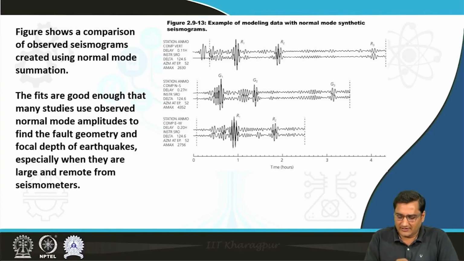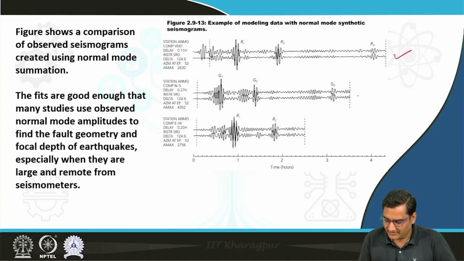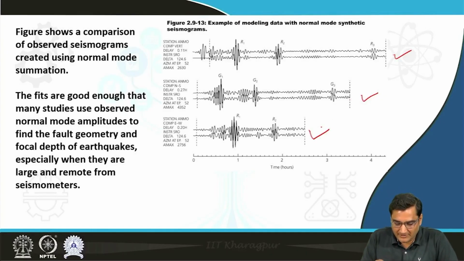Now look at this particular diagram, also taken from Stein and Wysession. It is an example of modeling data with the normal mode summation technique. This is the radial component, this is the north-south component, and this is the east-west component. In the seismograms you can see two traces.